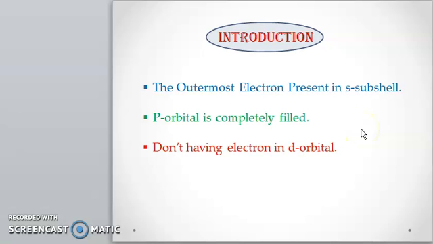So why are these called the S block elements? The simple answer is that the outermost electrons are present in the S subshell or S orbital. The elements have a last electron which is present in the S orbital. That's why these elements are called the S block elements.